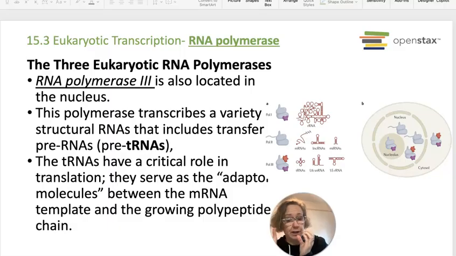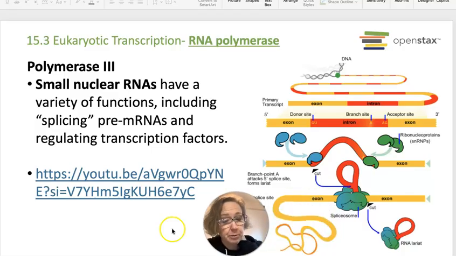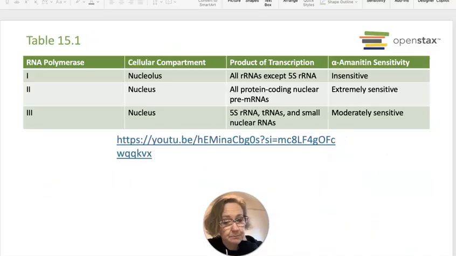It's going to read the codon, and it's going to bring the amino acid that is necessary. Okay? Small nuclear RNAs, they have a variety of functions. Another thing that polymerase 3 does is it splices the mRNA and regulates all of the transcription factors. But we will get to that. Just know that polymerase 3 is involved in that.